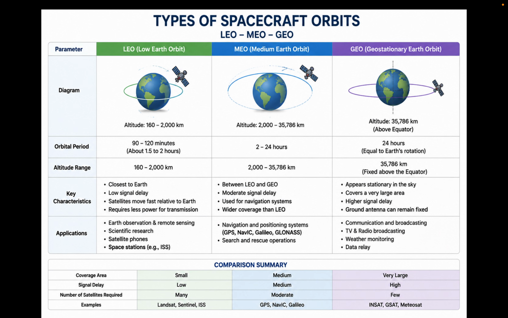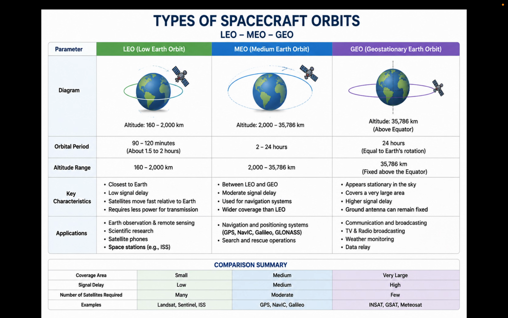So for transmission of the data, it requires low power as it is very close to the Earth's surface. And mostly low Earth orbits are used for Earth observation, remote sensing, scientific research, satellite phones, and space stations. So these are some of the applications of low Earth orbits.